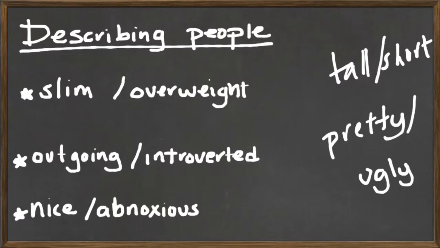All right, so I expect you to repeat after me. Please repeat: slim, overweight. So the difference between slim and overweight, don't forget that they are opposite. Slim is a thin person, a person who does exercise, a person who has a good metabolism.